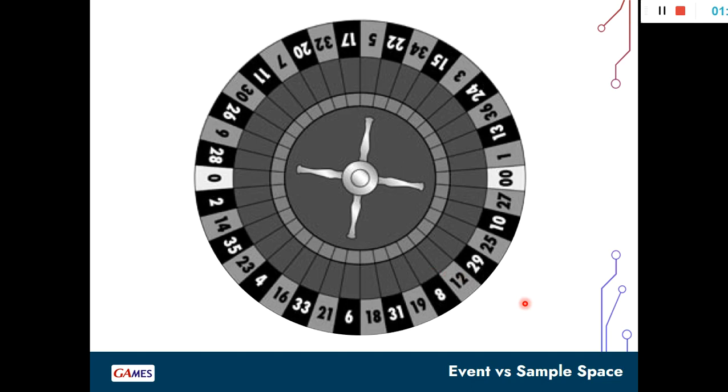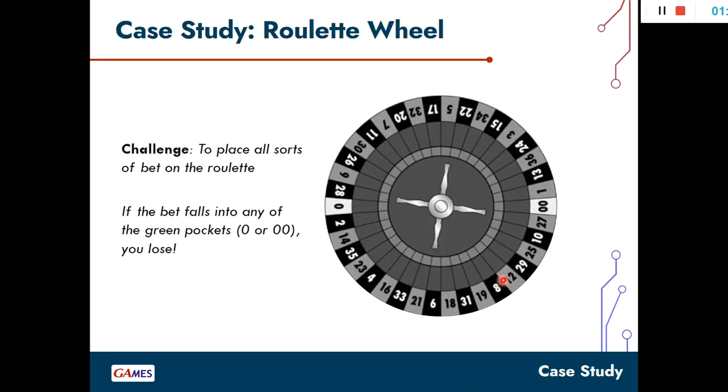We already identified some colors, some pockets that we have. We have 2 green pockets, and whether it is this 0 or the other 00, once your ball enters the green pocket, you lose. And so we also have the red pockets and the black pockets.